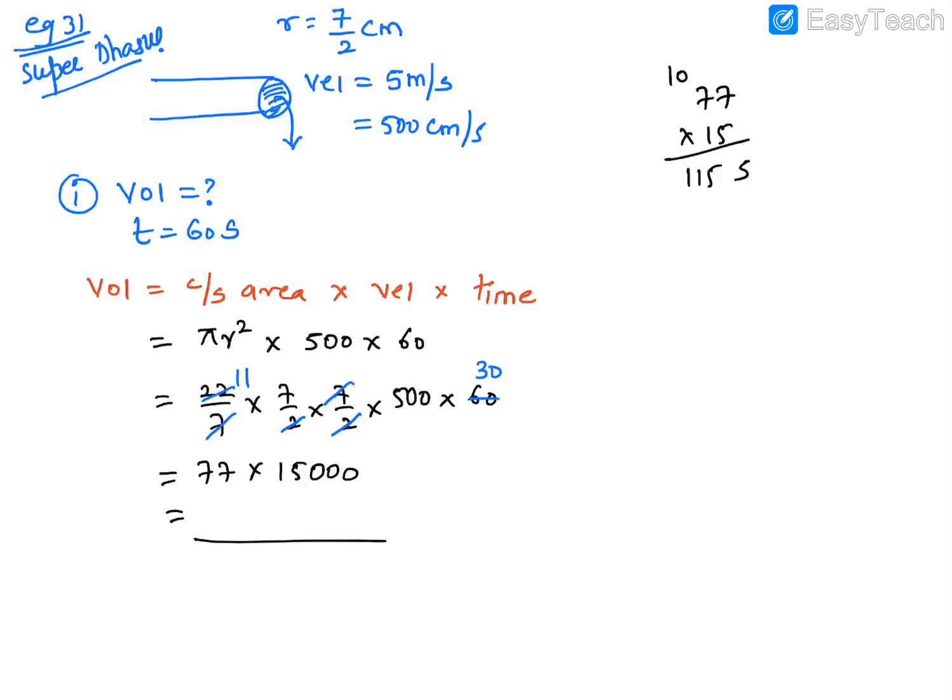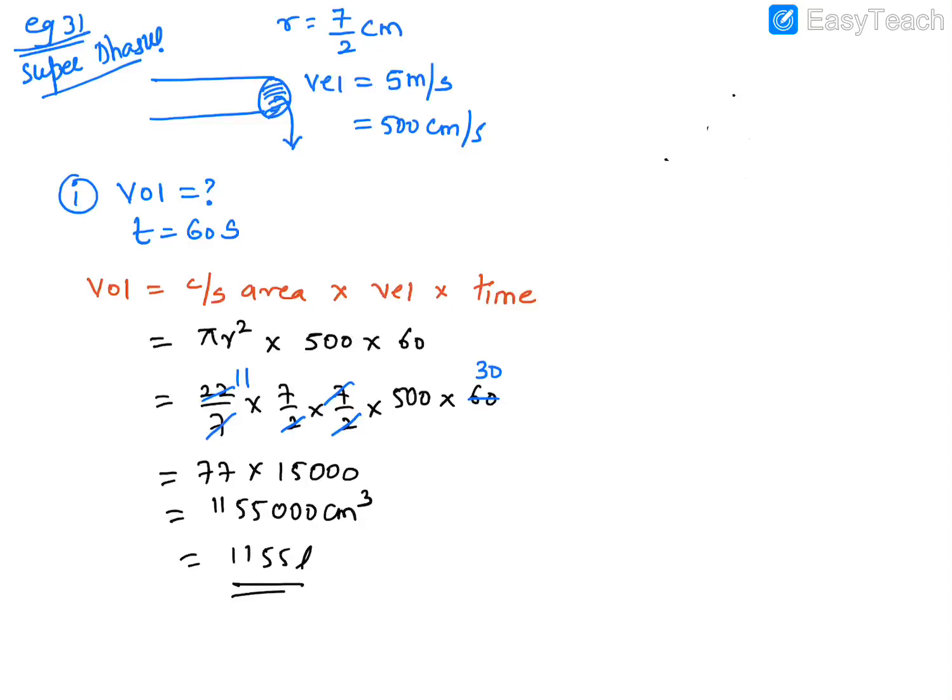So we will get how much? 1155. So this answer will be 1155000 centimeter cube. But they are asking us to find in liters. So it will be 1155 liter answer. Okay. Then next problem, number 2.